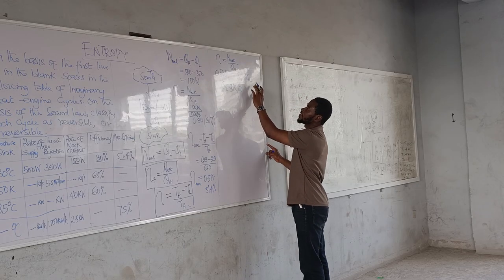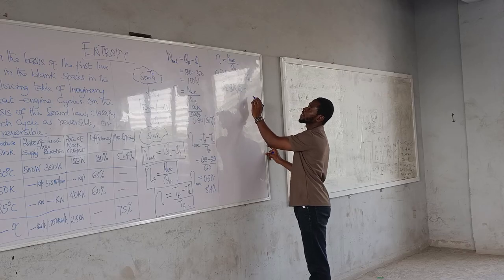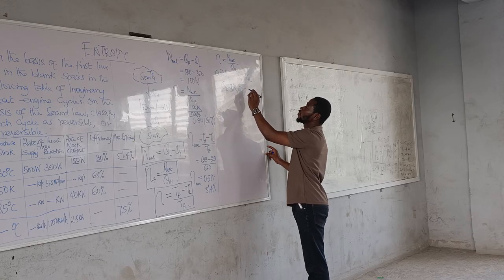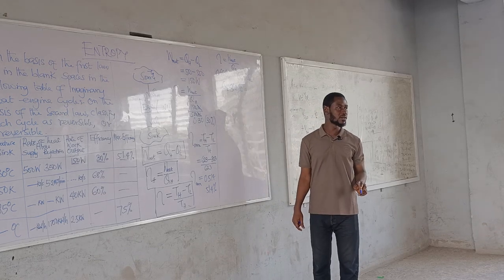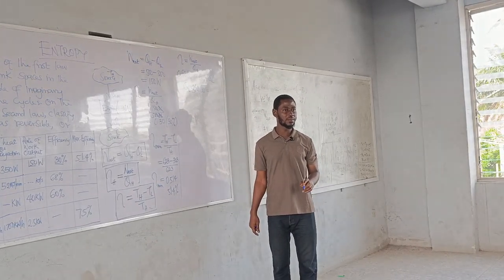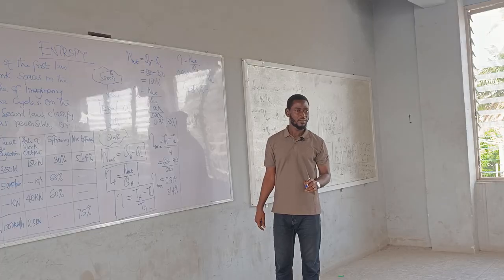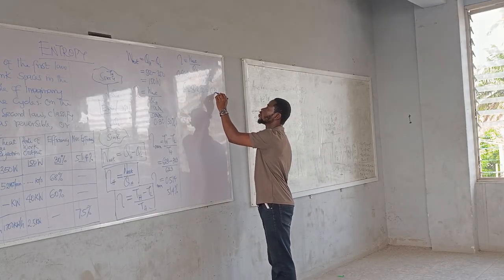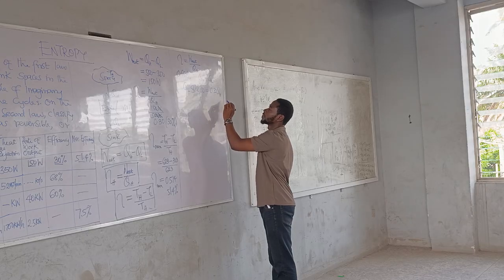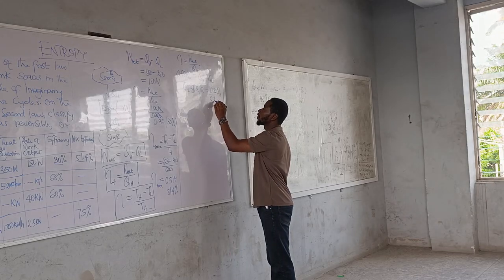That is QL, which is the same thing as QH, that is, QH minus 0.68, 1 minus 0.68. That gives 0.32 QH. So divide both sides by 0.32.